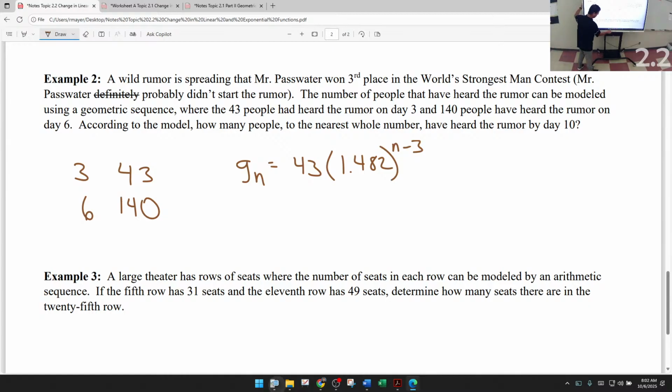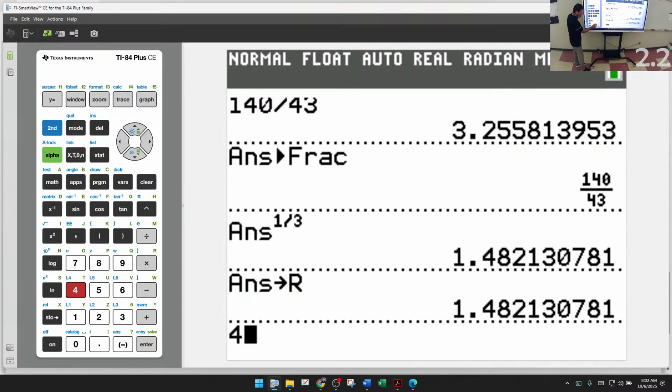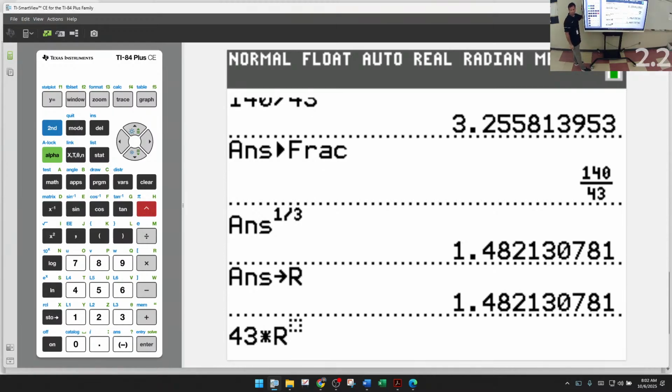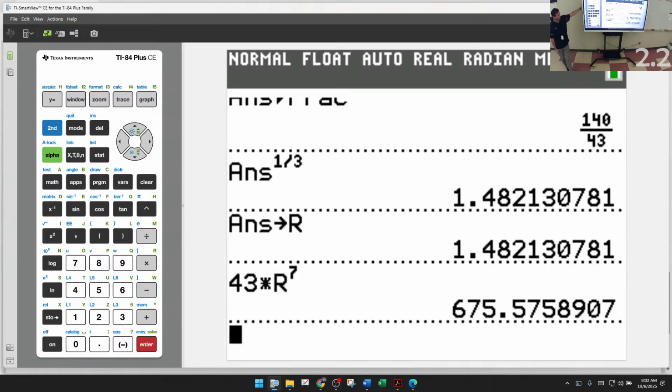So I'm going to go back to my little calculator and do 43 times R to the, how many do they want? 10 minus 3, 7. Round it to the nearest integer: 676. That's not right. Surely more heard it by then. How many heard it on day 3?